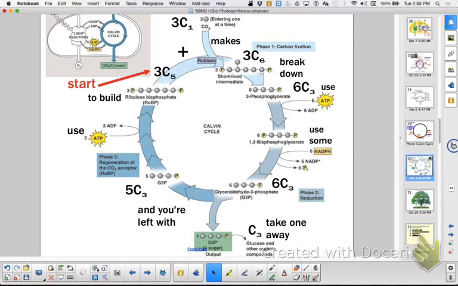Use some ATP to build 3C5 plus 3C1 makes 3C6. Break down to 6C3. Use some ATP, use some reduced NADP on your 6C3. Take one away, glucose. And you're left with 5. Use some ATP to build 3C5.